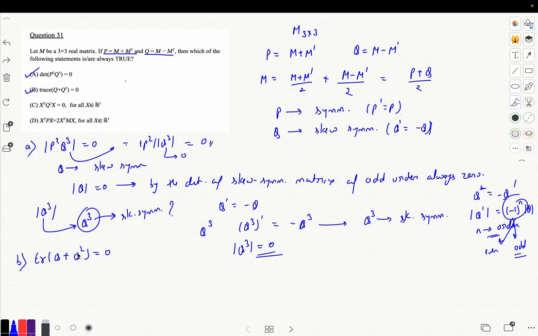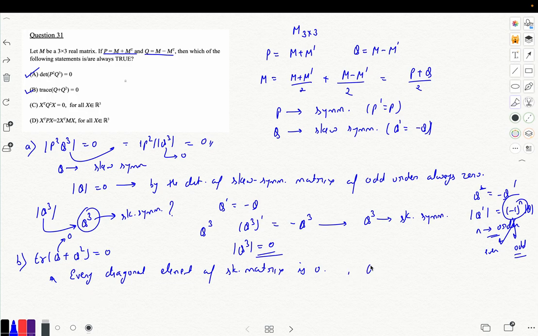Now see, in a skew symmetric matrix, every diagonal element is 0. So the diagonal elements corresponding to Q are going to be 0, but we need to check what about Q square.